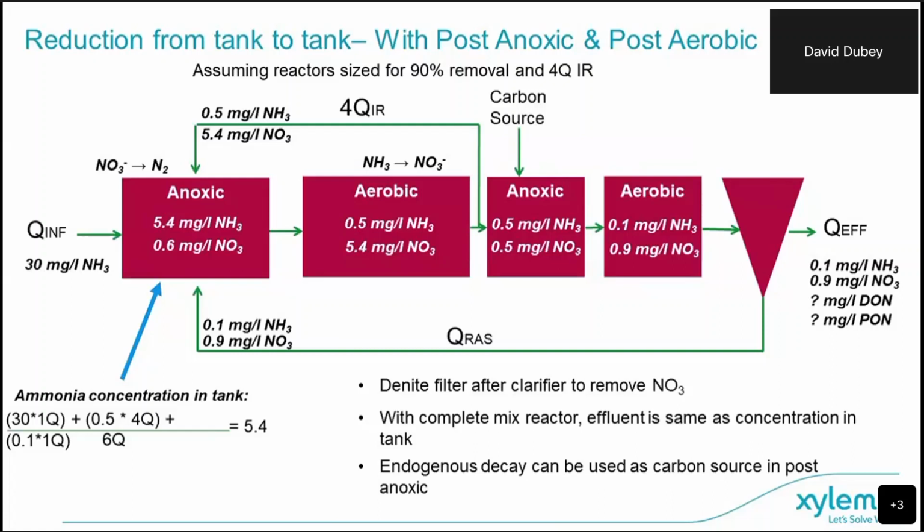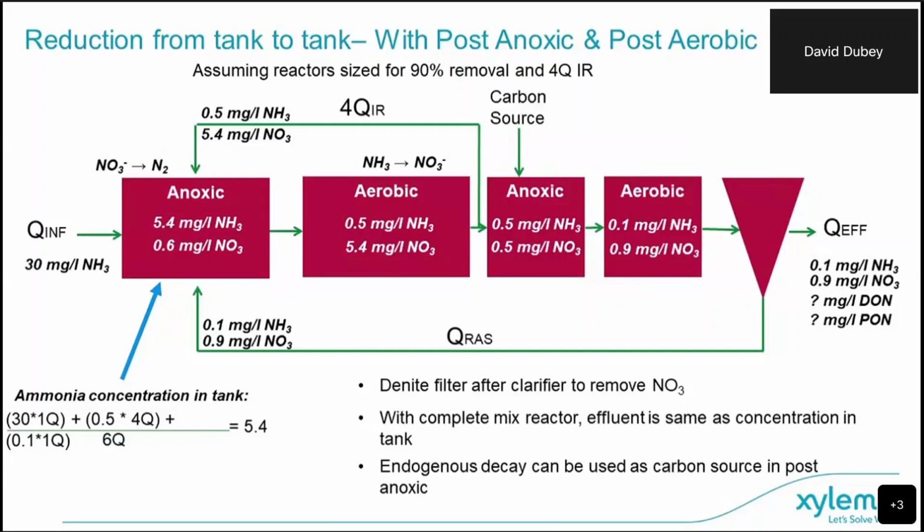Anything we converted, so that 0.4 milligrams per liter of ammonia, ends up being added to the nitrate that was in the anoxic. So our total effluent ends up being 0.1 milligrams per liter of ammonia and 0.9 of nitrate. This is all assuming we get about 90% removal in the tanks, and we have 4Q of IR and 1Q of RAS.